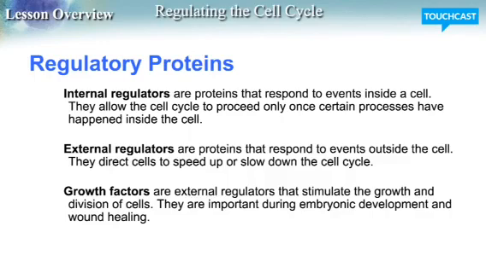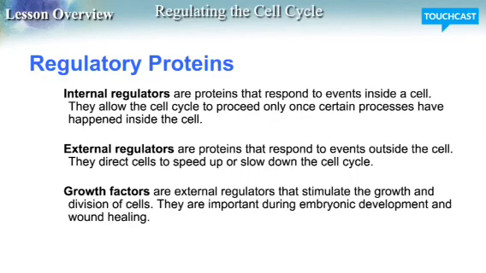Then you have another type of proteins called external regulators. These are proteins that respond to events outside the cell. So for example, if you cut yourself, this is something that happens outside the cell. So what happens once you cut yourself and you have an injury in your body?